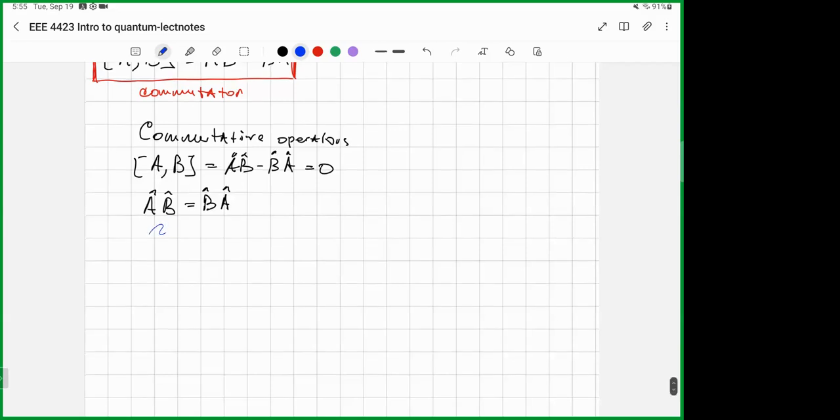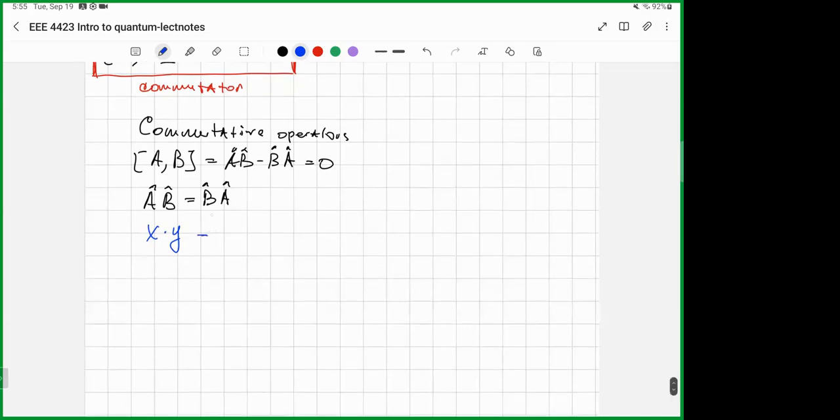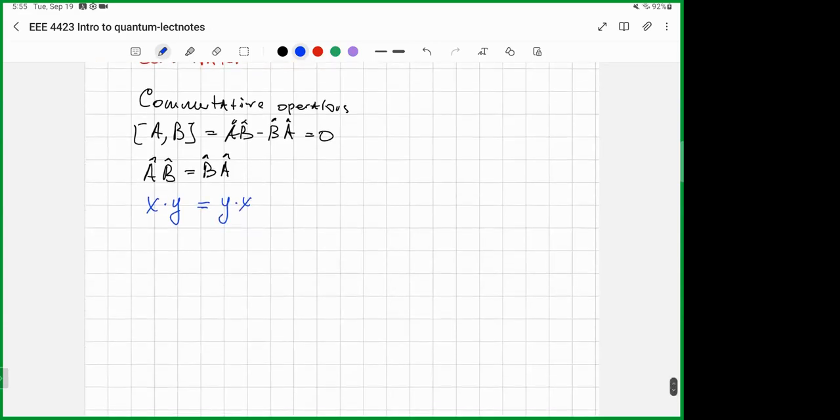For example, if I take the operator of a coordinate x, which is x, and multiply it by the operator of coordinate y, which is y, of course the result doesn't depend on the order of these two. This is the simple example.